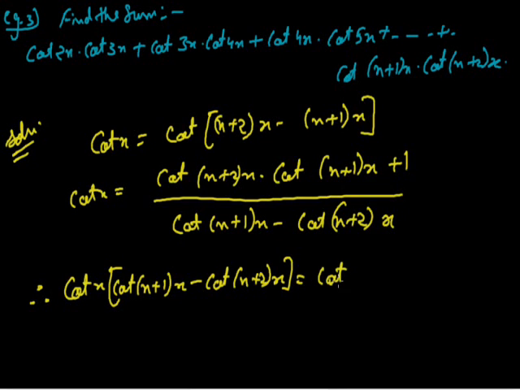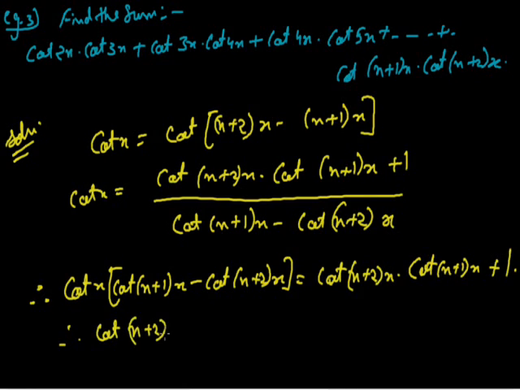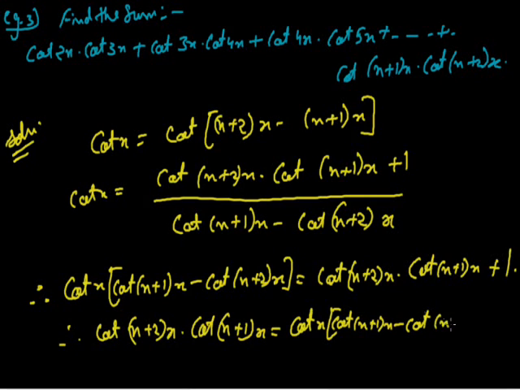Therefore, cot x into (cot (n+1)x minus cot (n+2)x) is equal to cot (n+2)x into cot (n+1)x plus 1. Therefore, cot (n+2)x into cot (n+1)x is equal to cot x into (cot (n+1)x minus cot (n+2)x) minus 1.